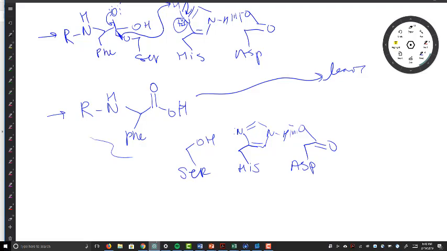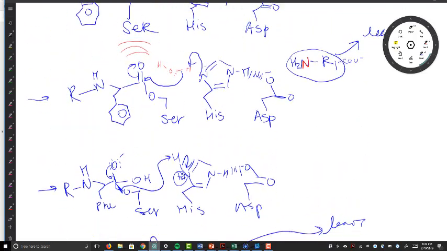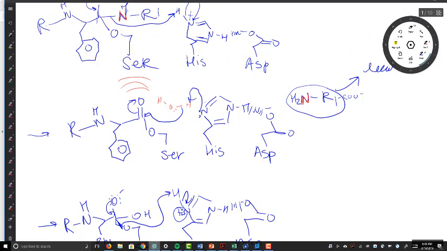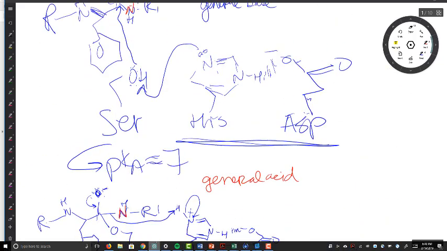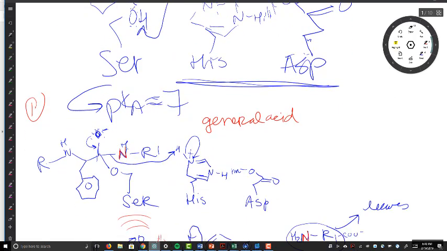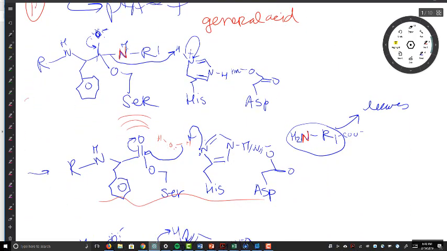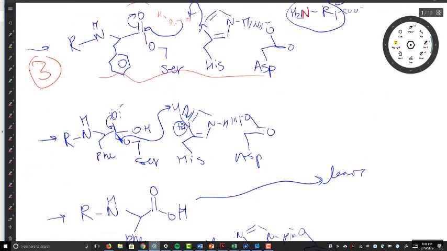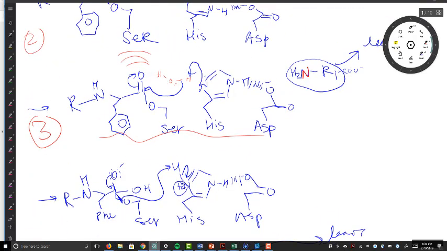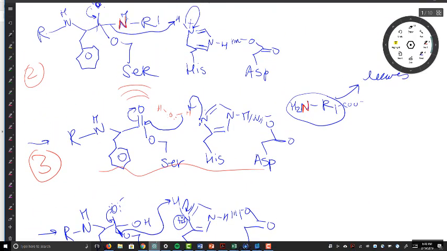So popping back in at this step right here. What is histidine acting as in this step? Okay, this is step one. This is step two. This is step three. And this is step four. So it's step three where we have the histidine nitrogen abstracting a proton.